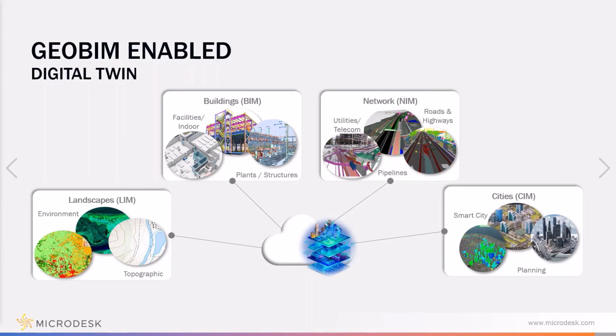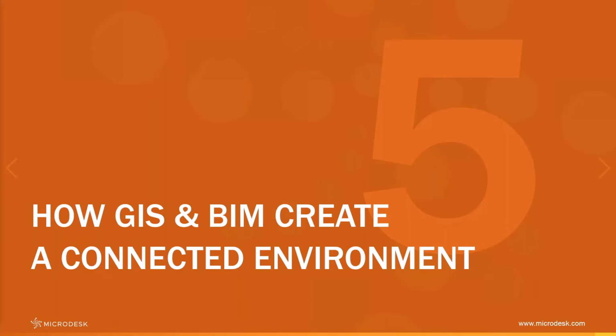However, we've come a long way to solve the most challenging problem regarding data interoperability to enable that connected environment. So in the next section, Nick will showcase the latest capabilities that Esri and Autodesk offer to connect the data between BIM and GIS. So let me switch back to Nick.